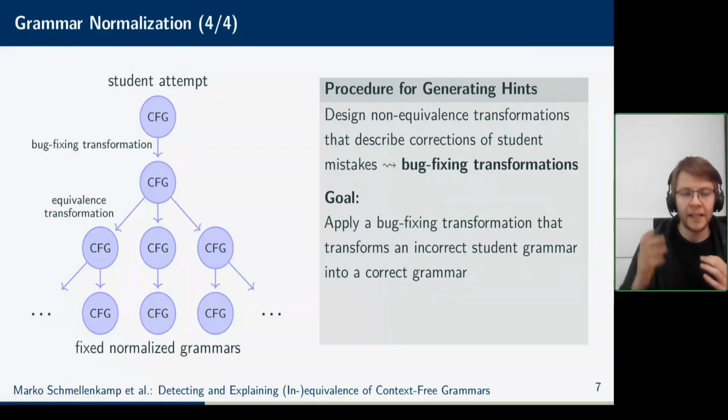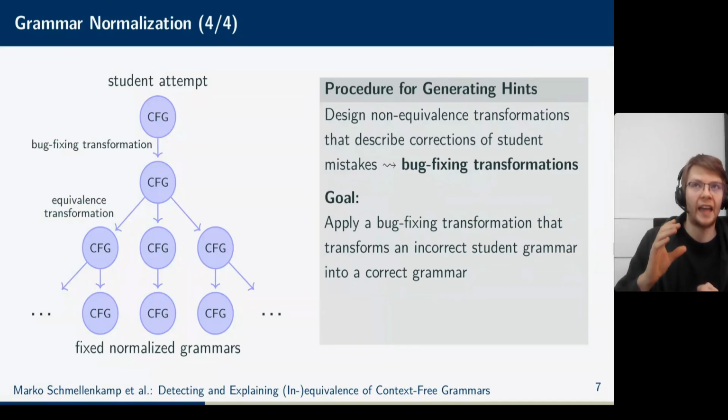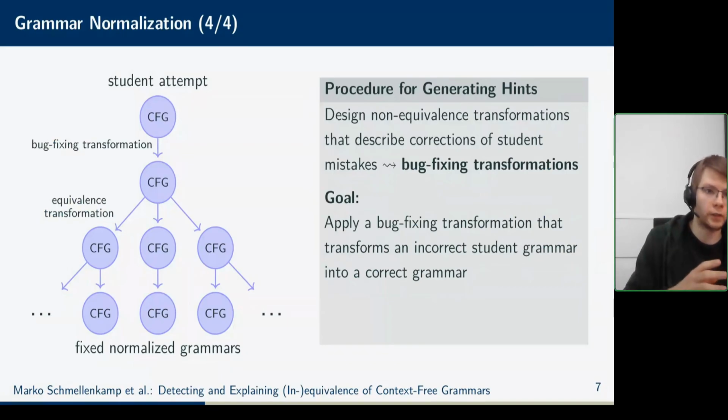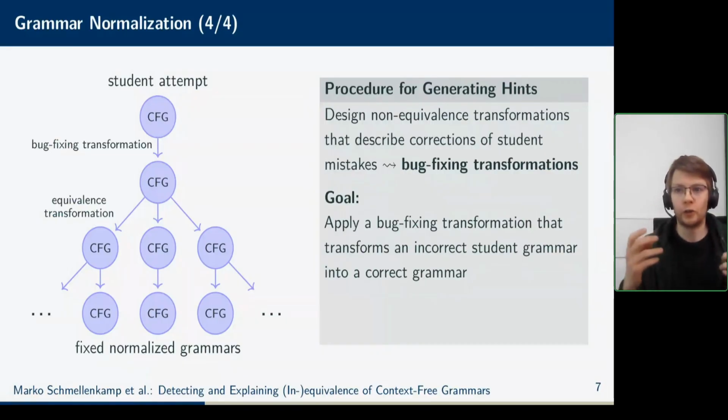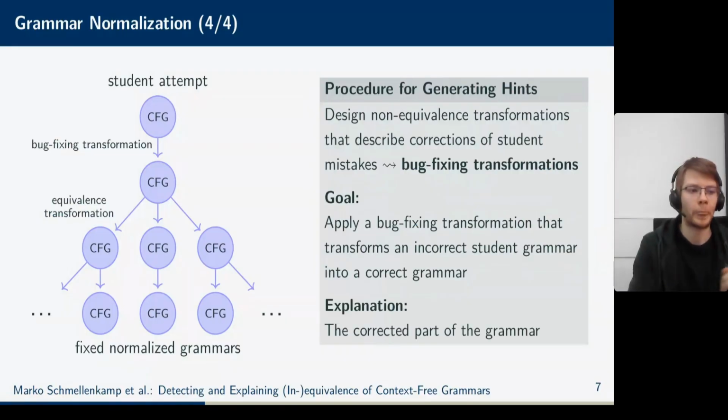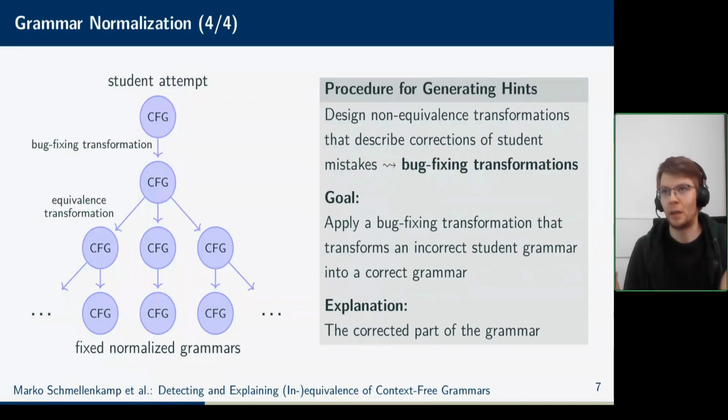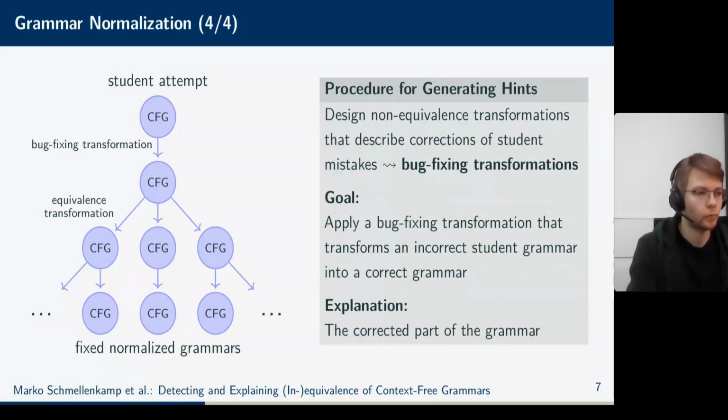Our goal is to apply such a transformation to a student submission, and if we get a correct grammar, we know that our transformation actually fixed that error, so we have an idea what the student did wrong. Then we can return the part of the grammar that we changed as where the error lies. At least that's one way of describing where the error lies; there might be other ways as well.